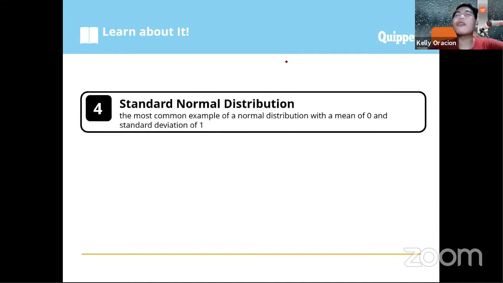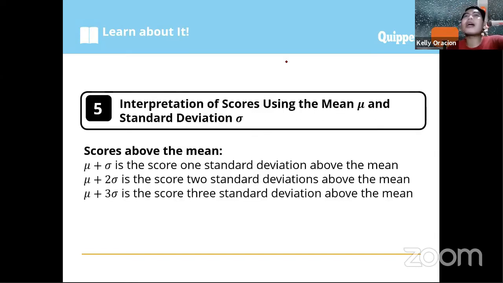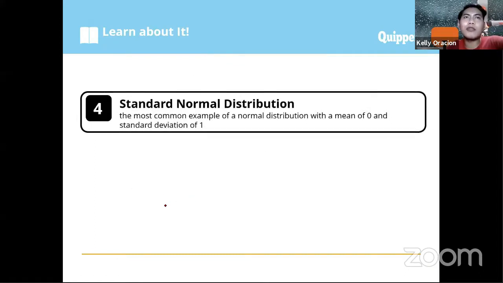Now, standard normal distribution. The standard normal distribution is the most common example of normal distribution, with a mean of 0 and standard deviation of 1. Let me give you a graph of the standard normal distribution. So, ito yung graph ng normal distribution class.